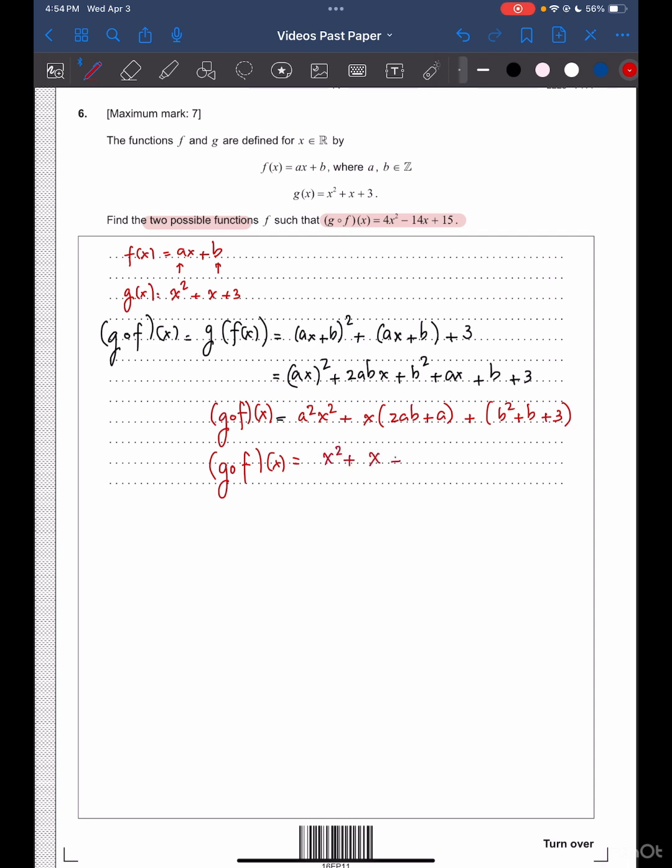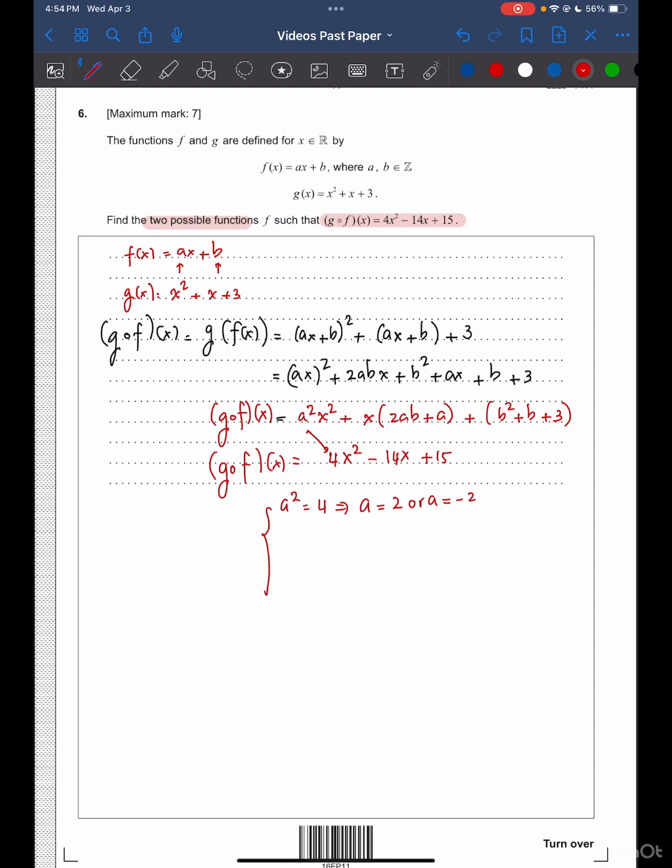We are already given that g of f of x equals 4x squared minus 14x plus 15. So after comparing coefficients, we can consider a squared equals 4. That means a equals 2 or a equals negative 2.